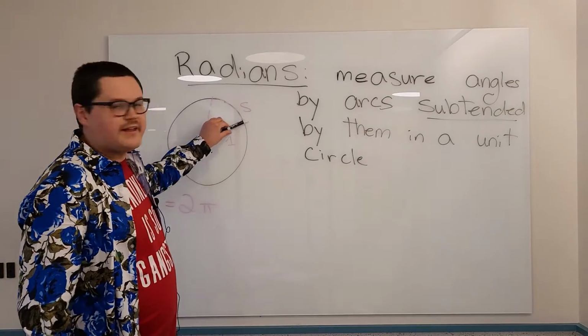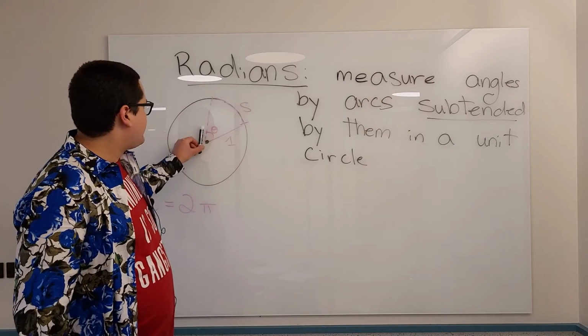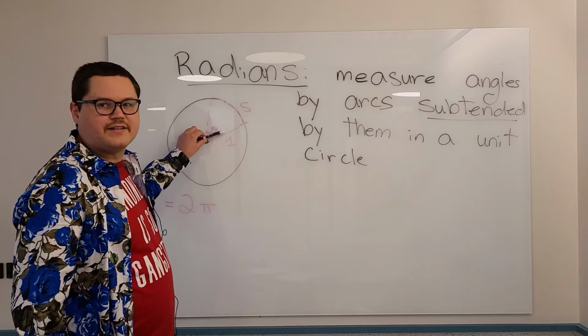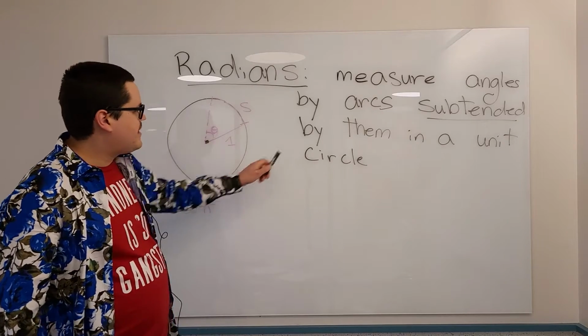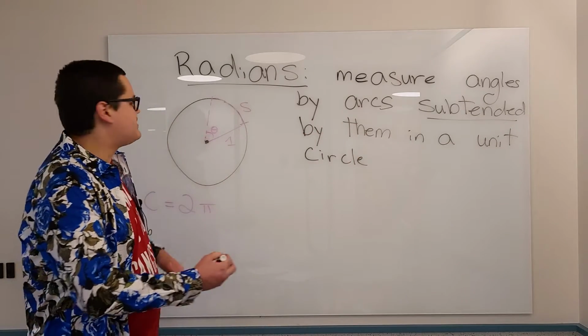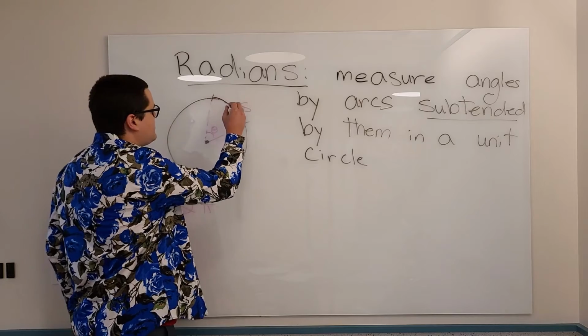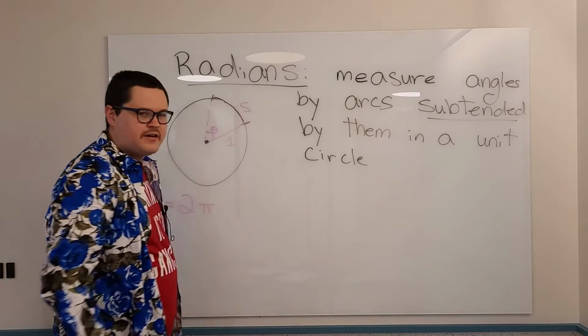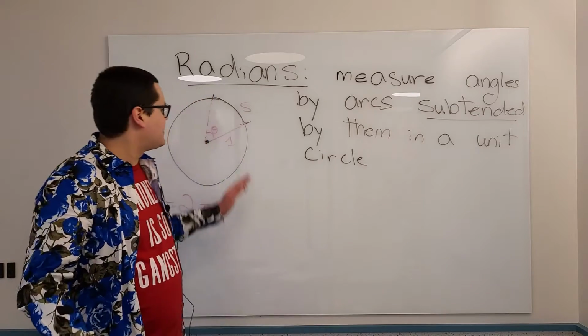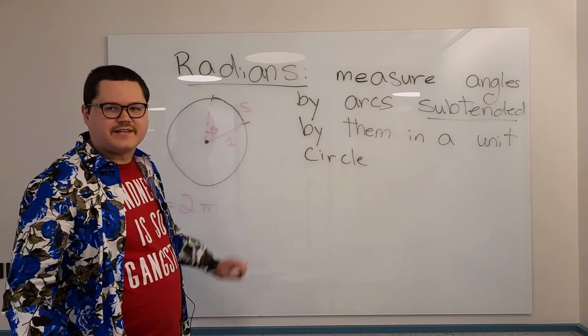If you have one line segment and another one, the angle is sort of the thing in between those two line segments. Now the arc subtended by that angle is this guy here, which I denoted with s. For whatever reason, it's traditional to denote arcs or arc length by a lowercase s.